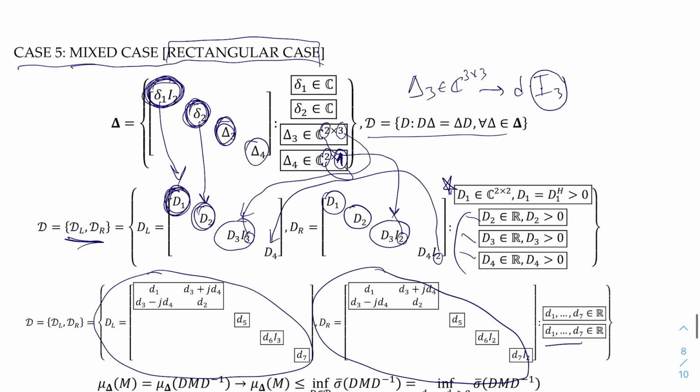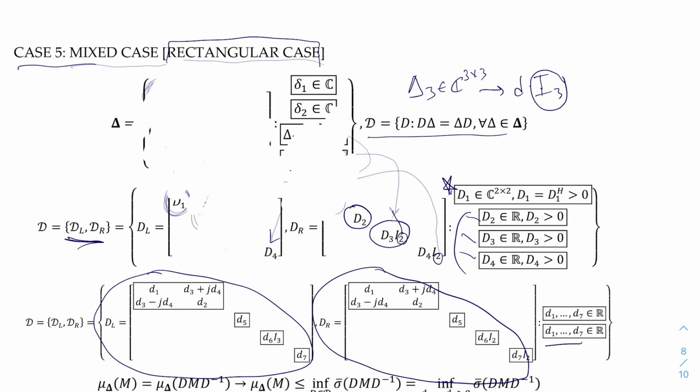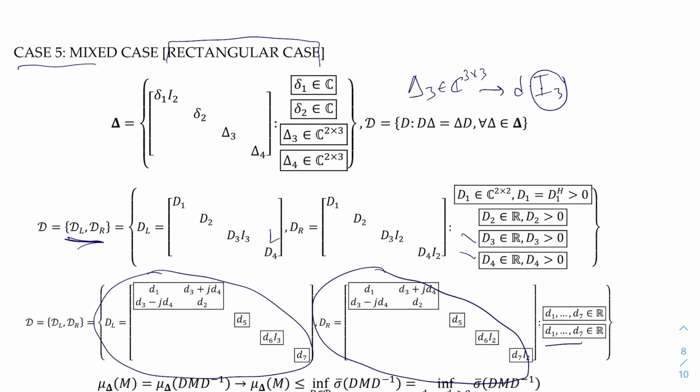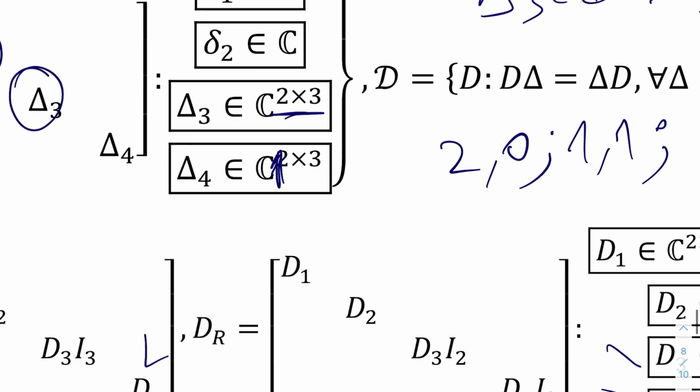And this is the final mu SSV, MATLAB's built-in function. Wait, let me show you. We have the structure of uncertainty, and this is repeating diagonal of uncertainty, and the dimension is 2 by 2, and that's why we would write 2 comma 0. And this is only 1 comma 1, and this is 1, by the way.